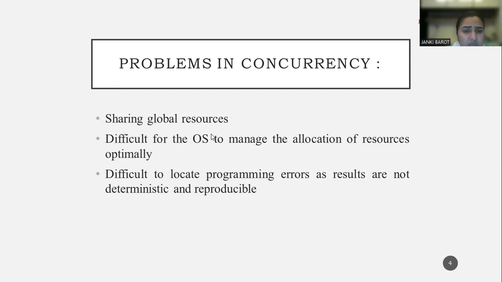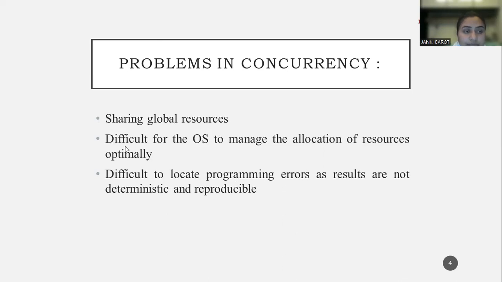It may be possible that from 3 or 4 systems we can give a print command to print out a document at the same timestamp. So all the systems are sharing the resource, so we can say that sharing a global resource is the problem.